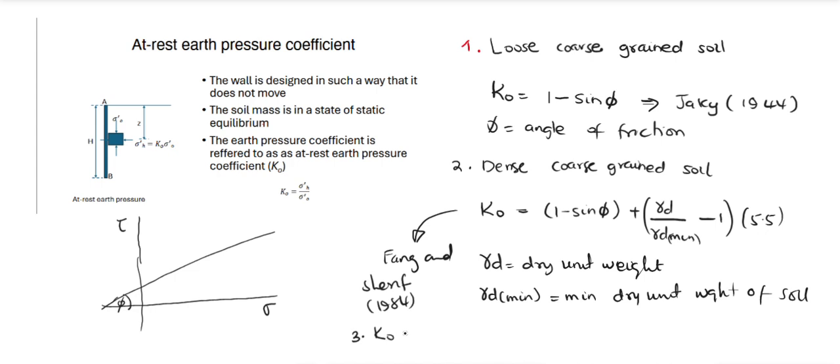We have K naught is equal to 1 minus sine phi multiplying the OCR to the power sine phi. Now the OCR is the over consolidation ratio.